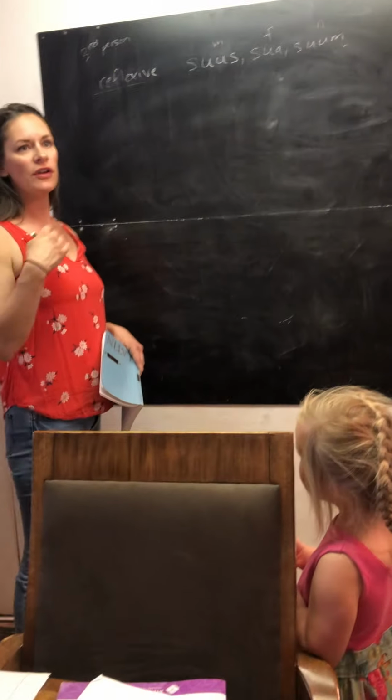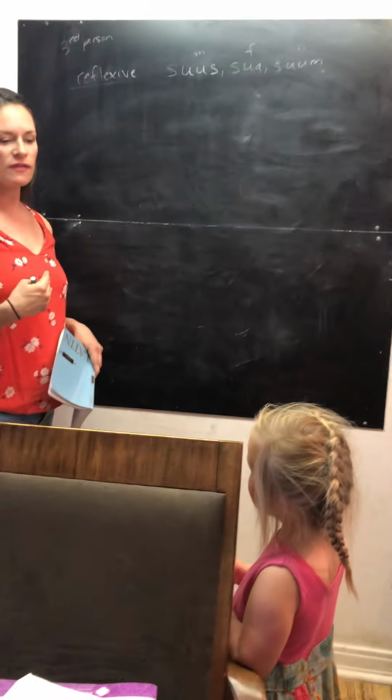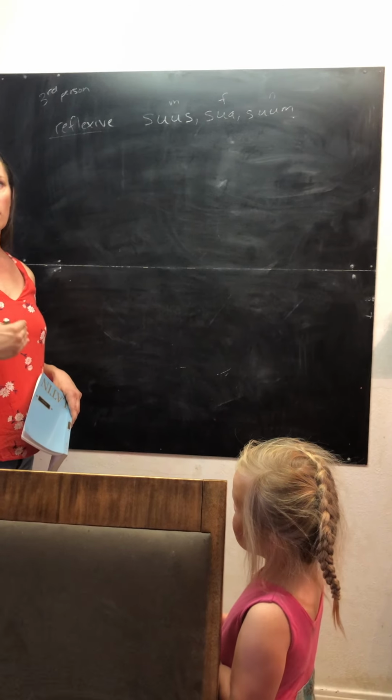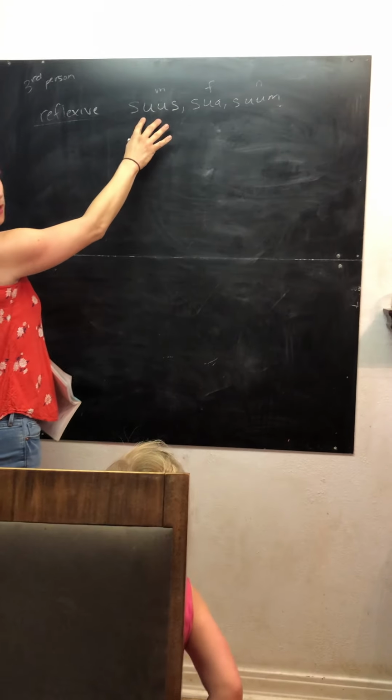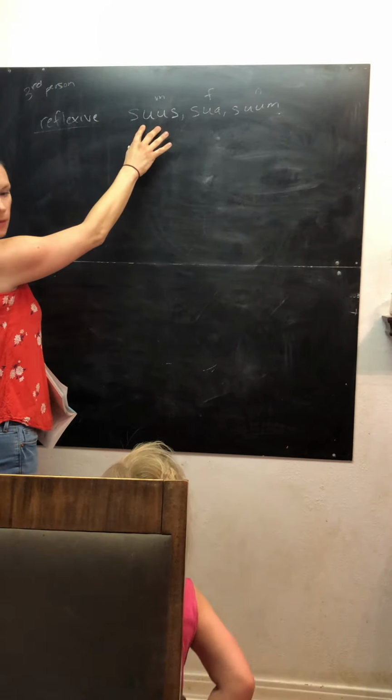Okay? Whenever you're talking about something that belongs to the subject of the sentence, you're going to use the reflexive possessive pronoun, which is suus. And that's declined just like a first and second declension adjective. Us, e, o, o. Right? Us, e, o, o.